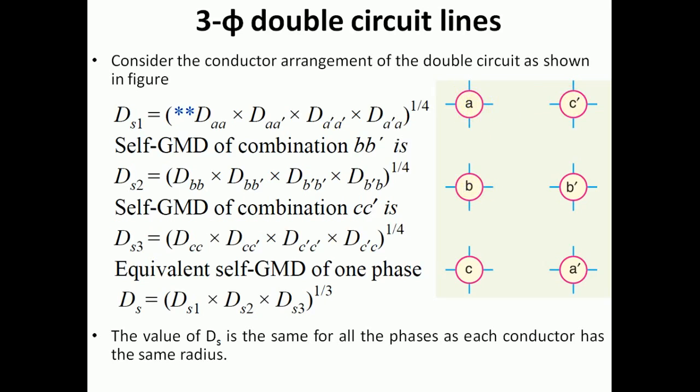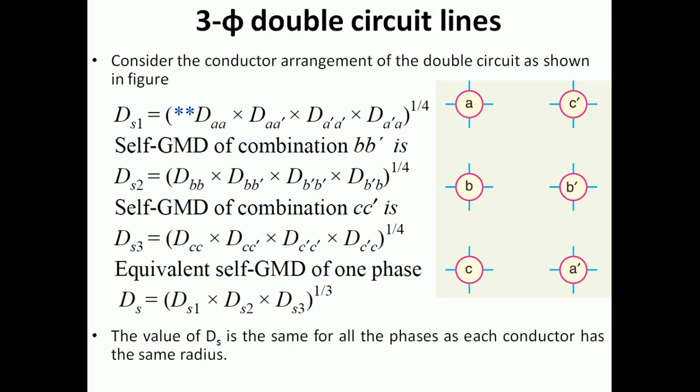Thus, by providing more than one circuit in parallel in the three-phase system, we can easily achieve a very low value of inductance by placing the individual conductors of a phase as far as possible and the distance between phase conductors as near as possible.